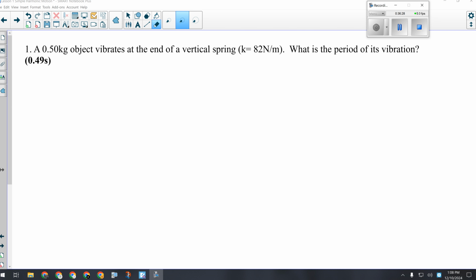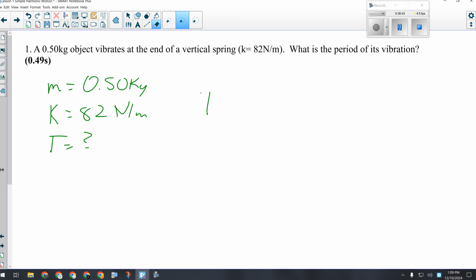For this one, we're told the mass on the spring, 0.50 kilograms. We're told the spring constant is 82 newtons per meter, so we are given K there. We're looking for T, so we don't have to manipulate.